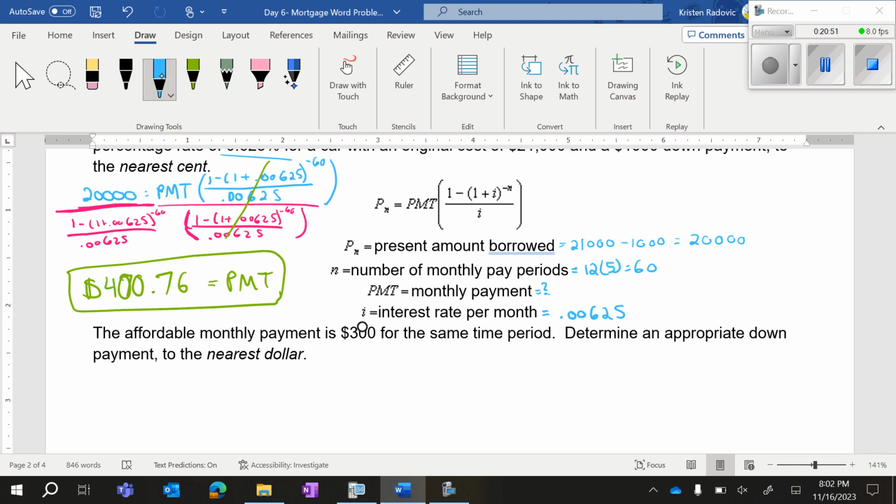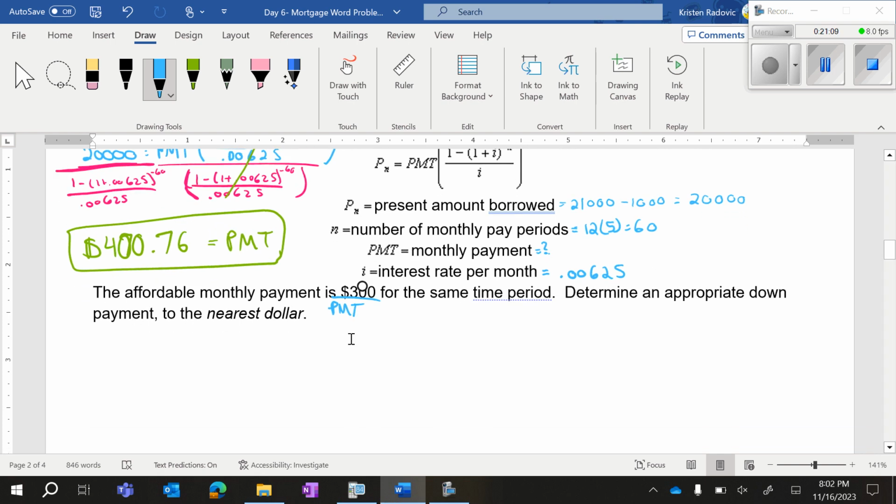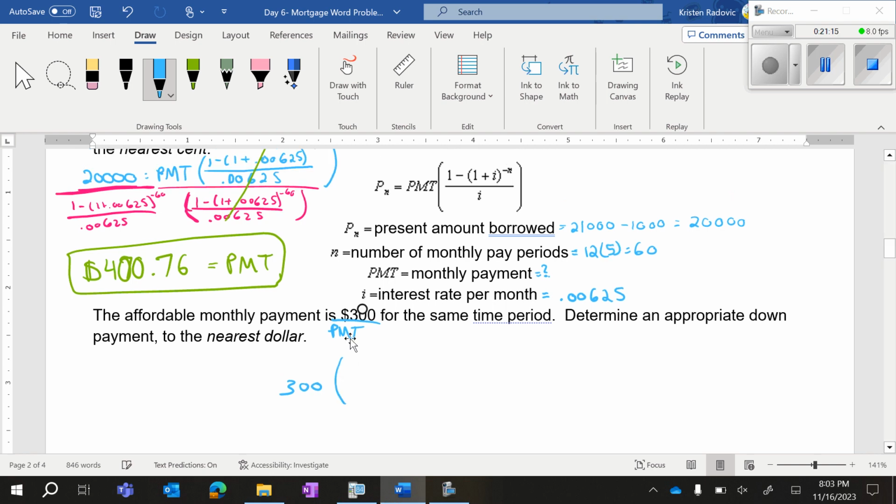We know that PMT is 300, so I have 300 times 1 minus 1 plus 0.00625 to the negative 60 over 0.00625. And this is equal to the amount borrowed.